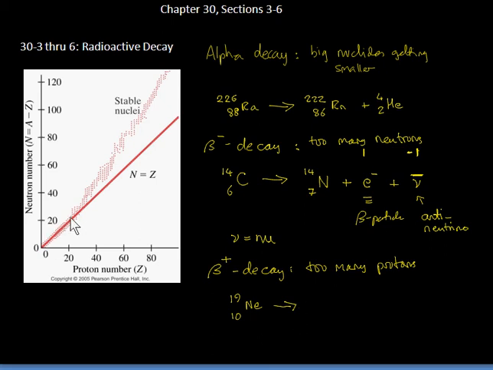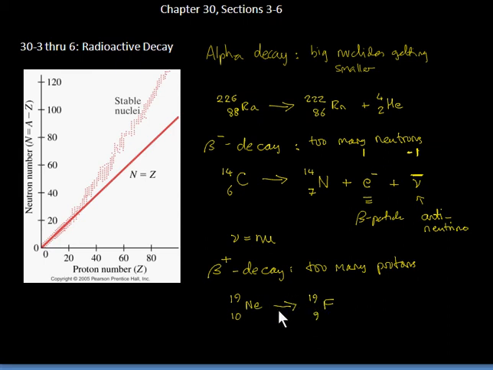And as this curve suggests, it's usually more stable having an excess neutron rather than an excess proton. So this isotope is going to become more stable if it can lose a proton and gain a neutron. So inside the nucleus, a proton decays, so now we only have 9, and it becomes a neutron, so we maintain the same mass number.